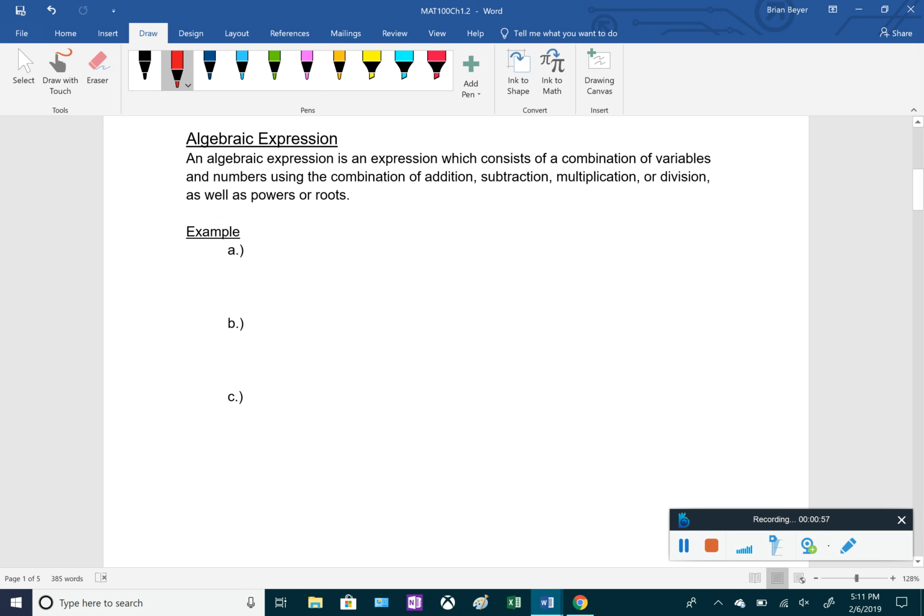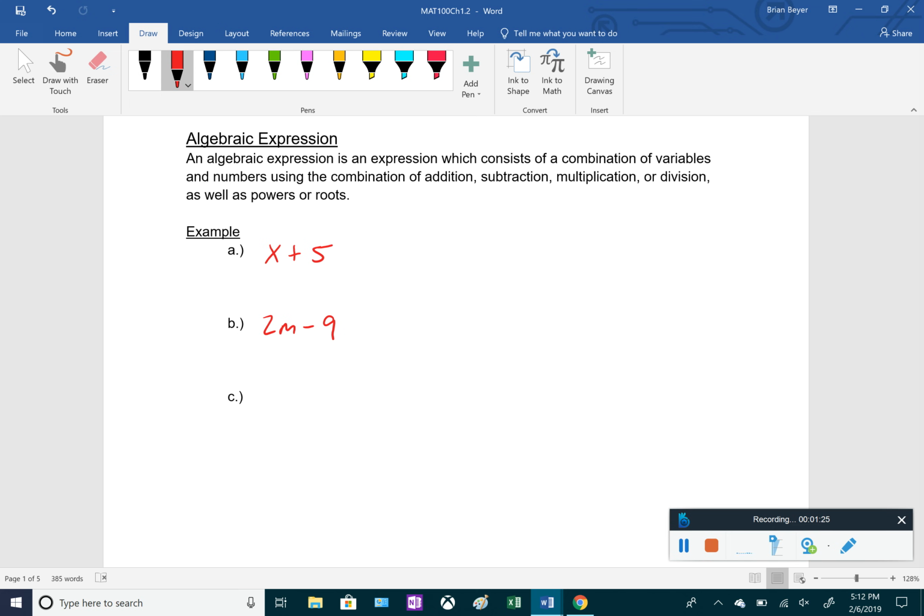And an algebraic expression is going to be an expression which consists of variables and constants with the operations like addition, subtraction, multiplication, division, as well as powers or roots. So an example of some algebraic expressions: x plus 5 is an expression. 2m minus 9 is an expression.